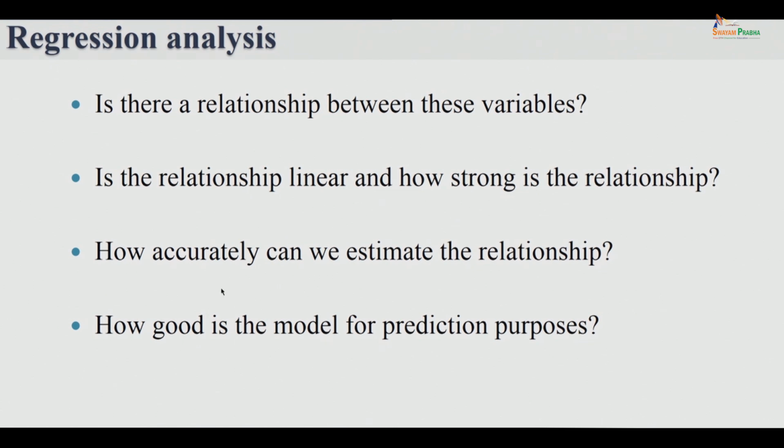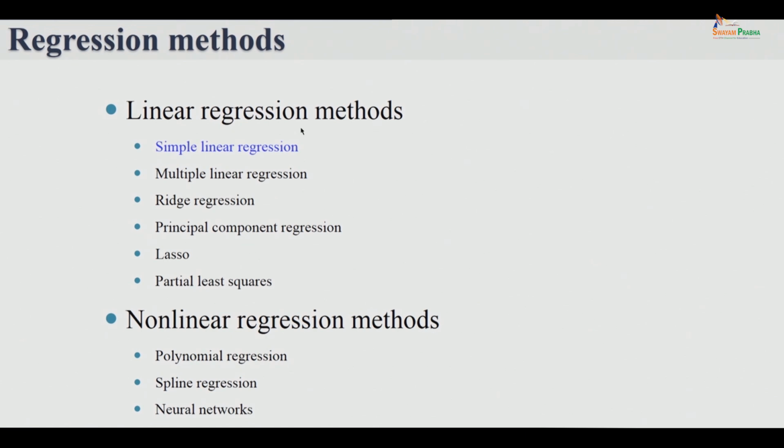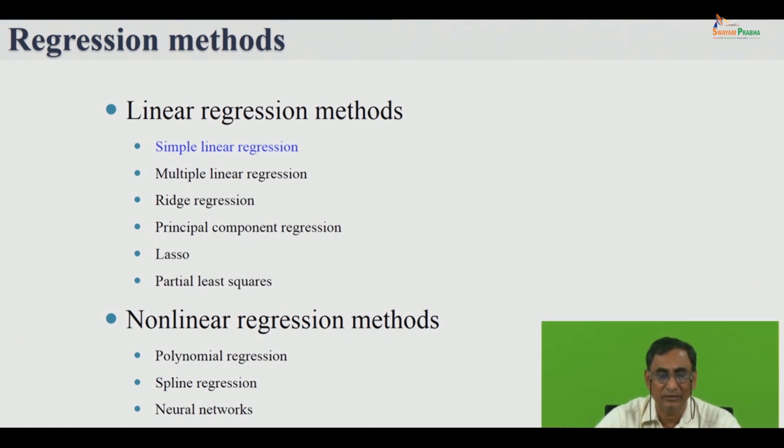So, these are some of the questions that we would like to answer even in the process of developing the regression model. There are several methods also that are available in the literature for performing the regression, depending on the kind of assumptions you make and the kind of problems that you may encounter.